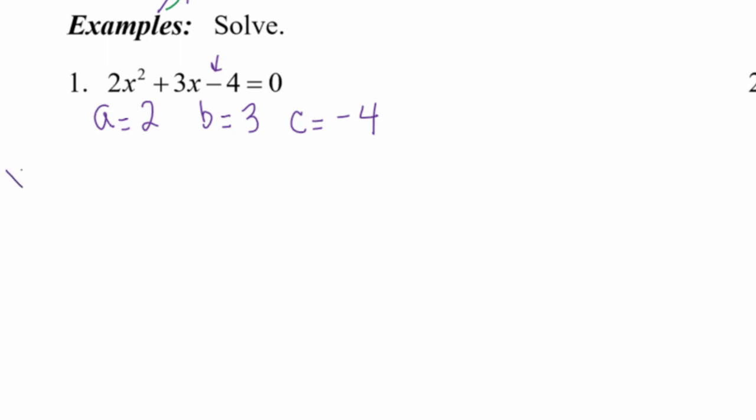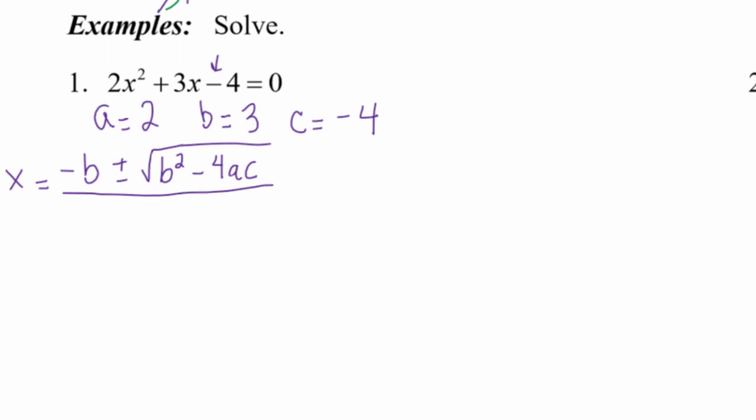Actually, let's write it down. x equals the opposite of b plus or minus, write a big square root, and put b squared minus 4ac under the radical, and then all over, so make sure you put a big fraction bar here, all over 2a.